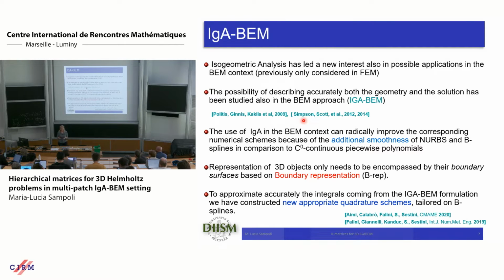Usually the CAD system gives the computational domain through the so-called boundary representation, so we have only the boundary of our volume. And so in order to set up a finite element method, you have to construct the volumetric mesh that is not given. In this case, as we are working only on the boundary of the computational domain, we can use directly the representation given by the B-rep.